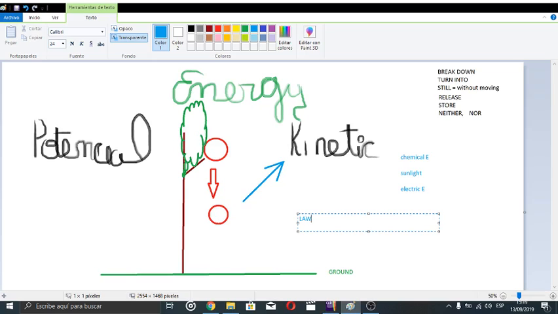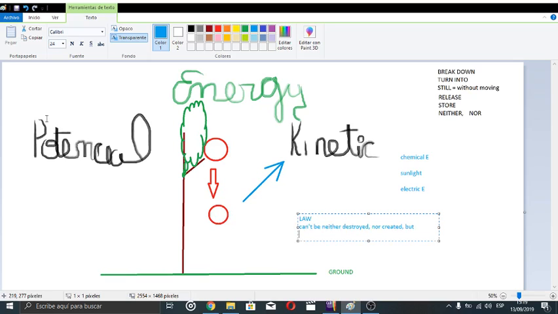The law says that energy can be neither destroyed nor created, but it can be transformed. That is the law of energy.